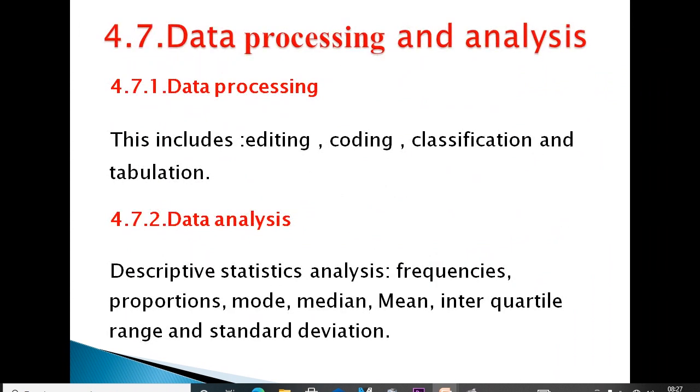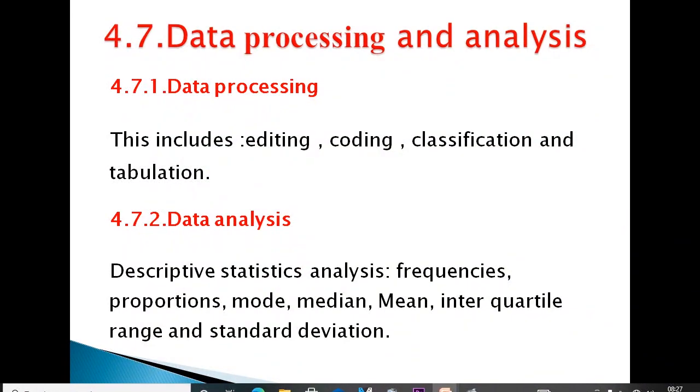After presenting the validity and the reliability of his data collection tools, the researcher presents data processing and data analysis. He highlights how he is going to process and analyze data.